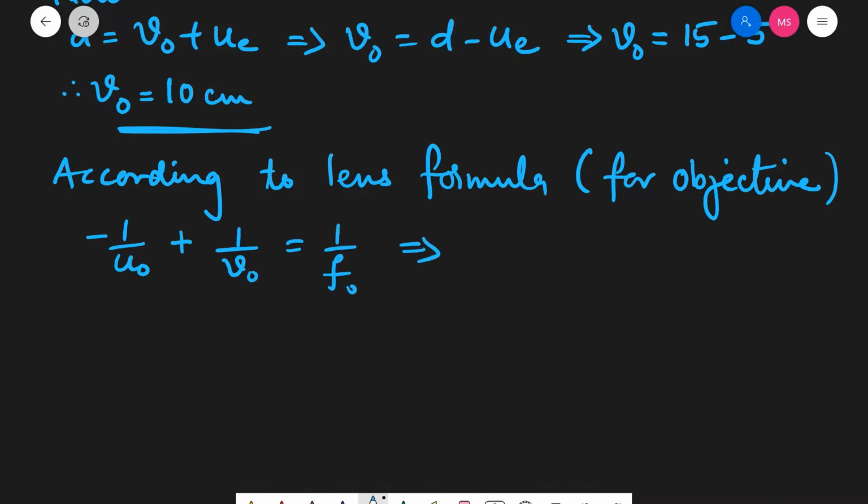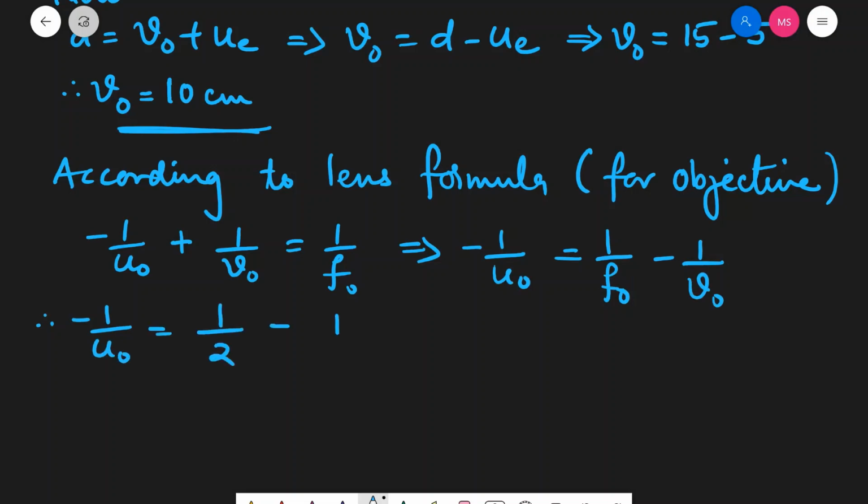So this implies that minus 1 by UO will be equal to 1 by FO minus 1 by VO. So therefore minus 1 by UO will be equal to 1 by 2 minus 1 by 10.